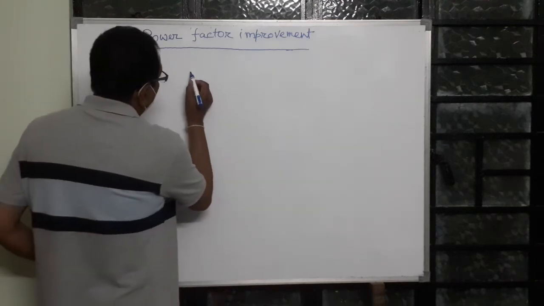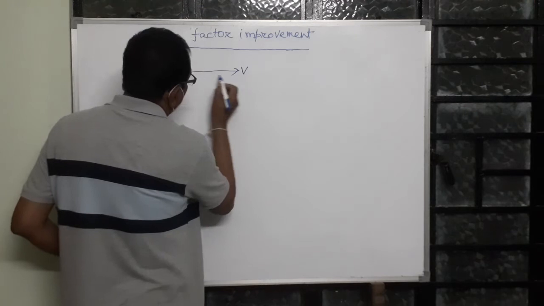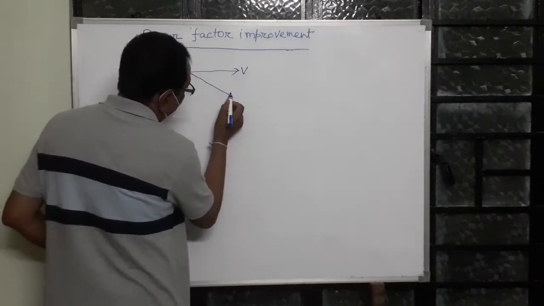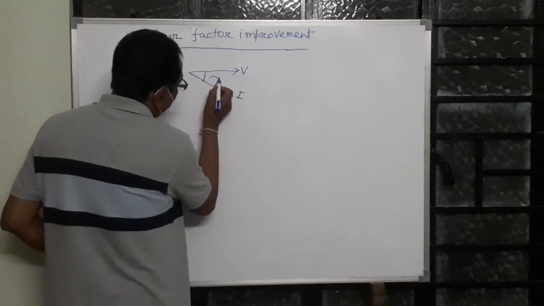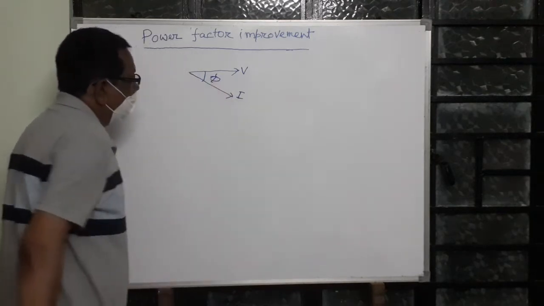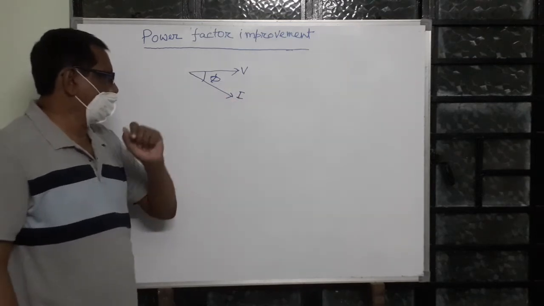That means, suppose this line is V, this line is I. Here, with respect to voltage, current is lagging at an angle phi.